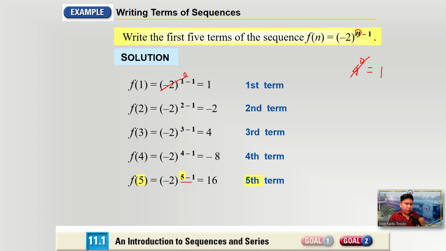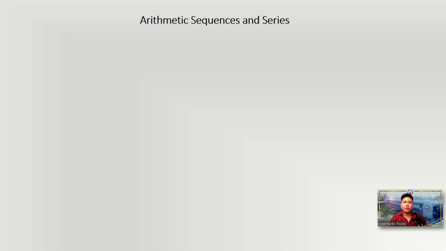So you multiply 2 four times. Hold on. So you have 2 times 2, 4. 4 times 2, 8. 8 times 2, 16. So you have 16. These are the 5 terms.